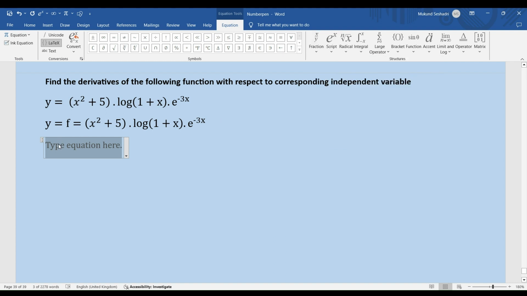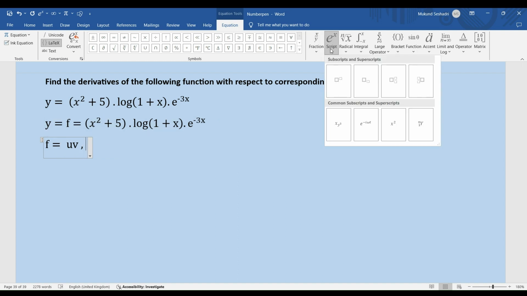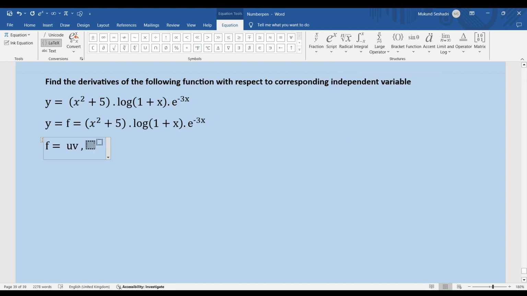So I represent my y equals f equals uv, right? And my f dashed equals uv dashed plus vu dashed. So that's what my product rule states. Now imagine if either u or v is a product of two functions within itself, right?